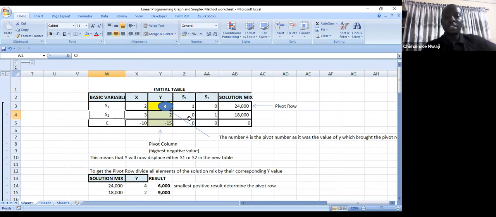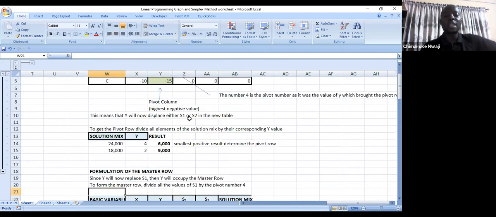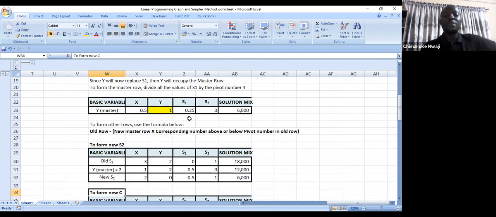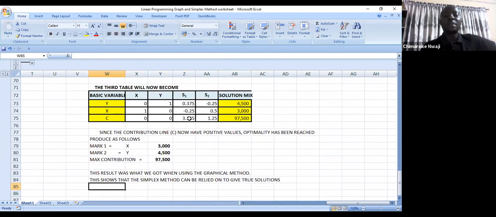Formulate this initial table, perhaps look for a pivot row and pivot column. They might not even ask you for the pivot number, but if they ask you, fine. You might not be asked to do the whole thing because it's time-consuming. They might bring the last table and ask you to interpret it.